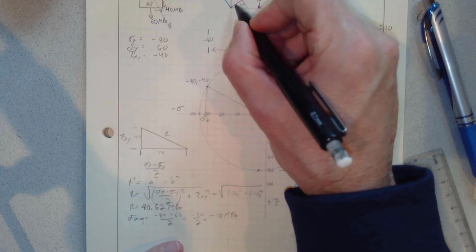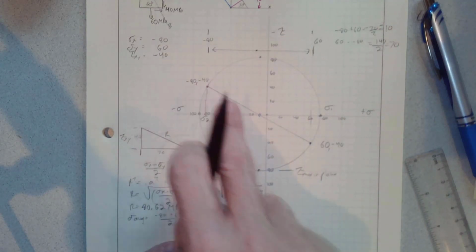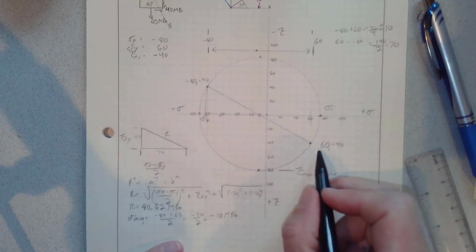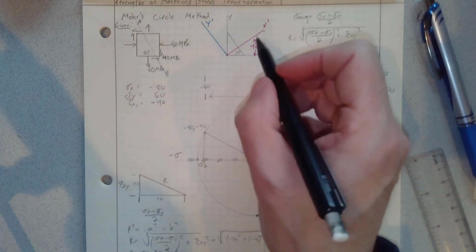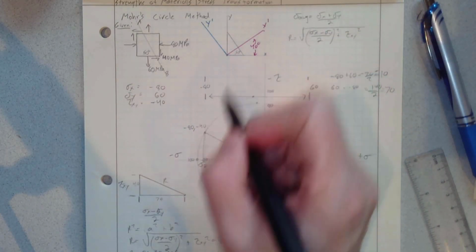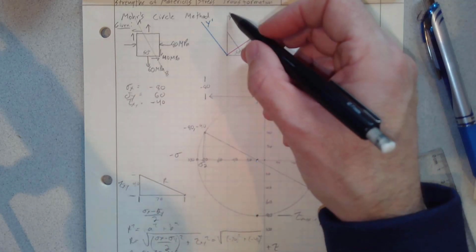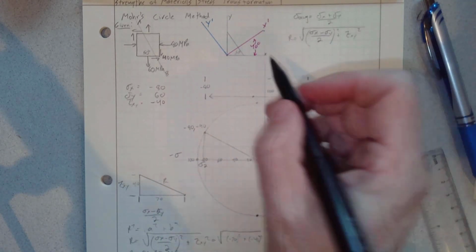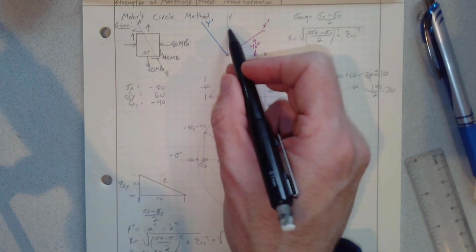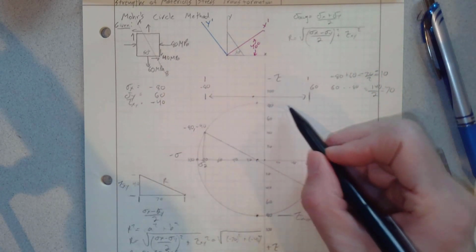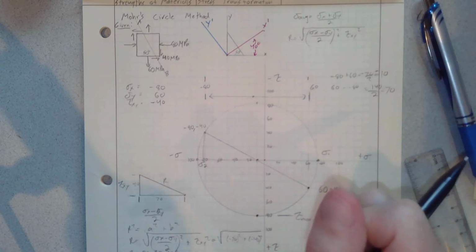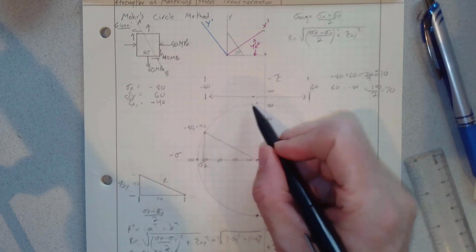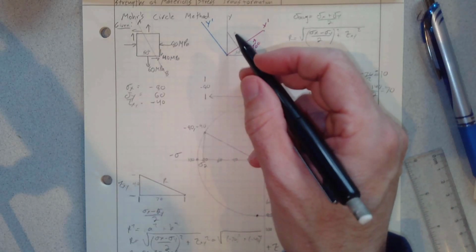We know that in the state of stress that we were given, -80, -40, and 60, 40, those axes are 90 degrees apart from each other, right? Let me move down here. Our x-axis is the one with the -80, -40, and our y-axis had the 60, 40. So those in real life are located 90 degrees apart from each other. On Mohr's circle, they're 180 degrees around the circle from each other. That's just a rule about how Mohr's circle works. You move twice as far on Mohr's circle as you do in the real world orientation.